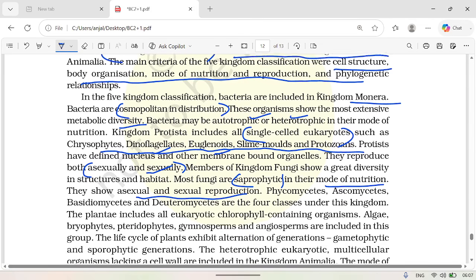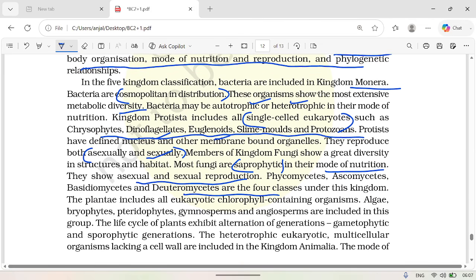Phycomycetes, Ascomycetes, Basidiomycetes and Deuteromycetes are the four classes under this kingdom.